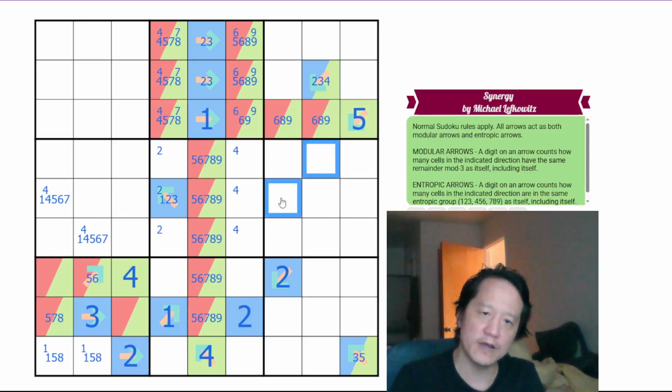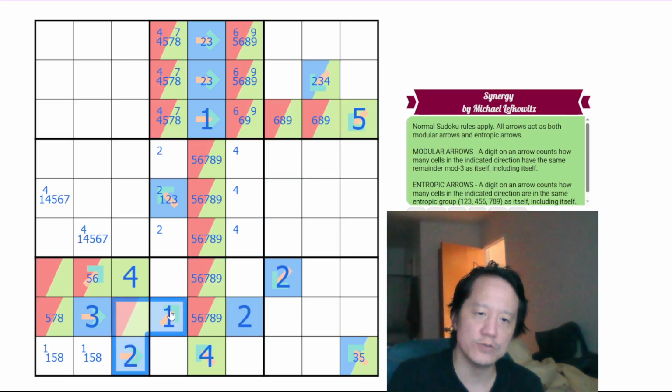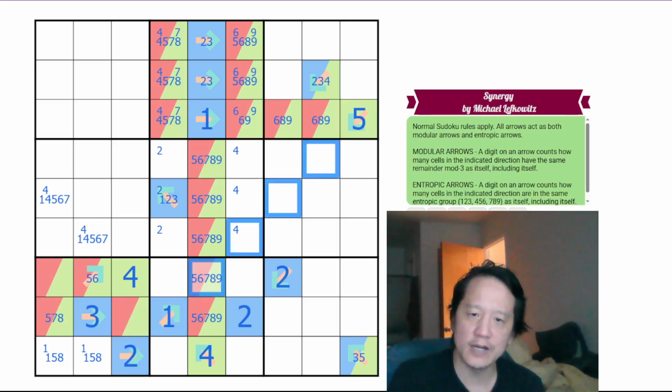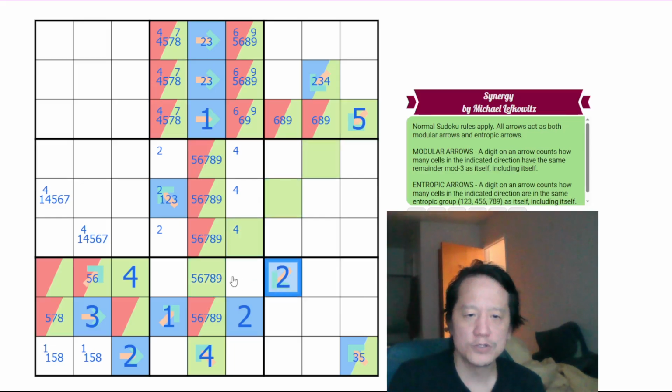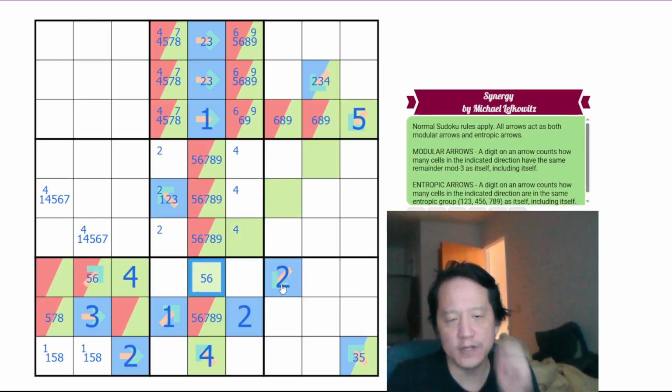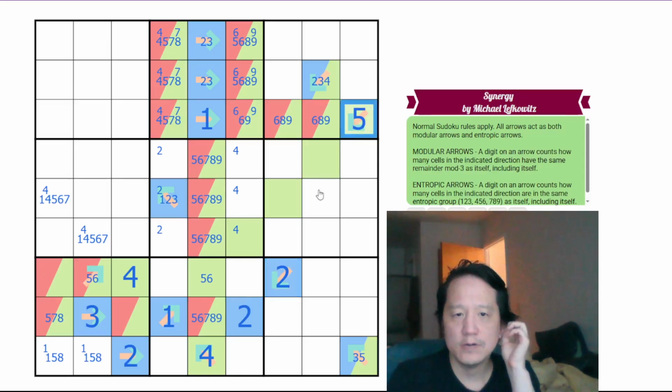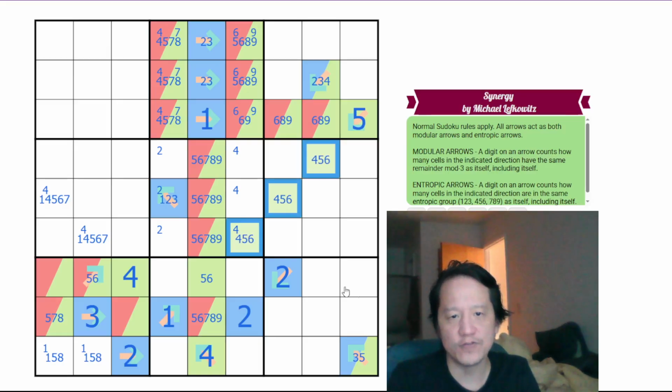So we have to have the rest be middle digits, because we already are pointing at 2 low digits here. So these are guaranteed to be all middle digits here. So therefore, this is not 7, 8, or 9. So these are guaranteed to be 4, 5, and 6.